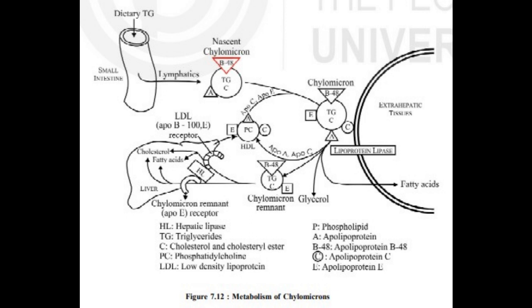Chylomicron remnants containing primarily cholesterol, ApoE and ApoB48 are then delivered to and taken up by the liver through interaction with the chylomicron remnant receptor. The recognition of chylomicron remnants by the hepatic remnant receptor requires ApoE. Chylomicron remnants bind to these receptors and are taken into the cells by endocytosis.